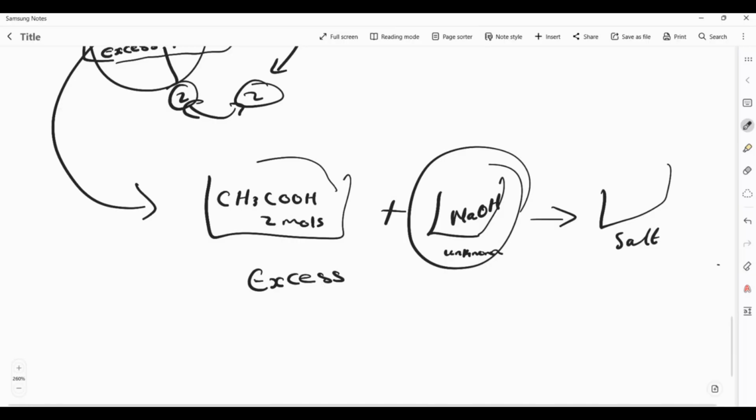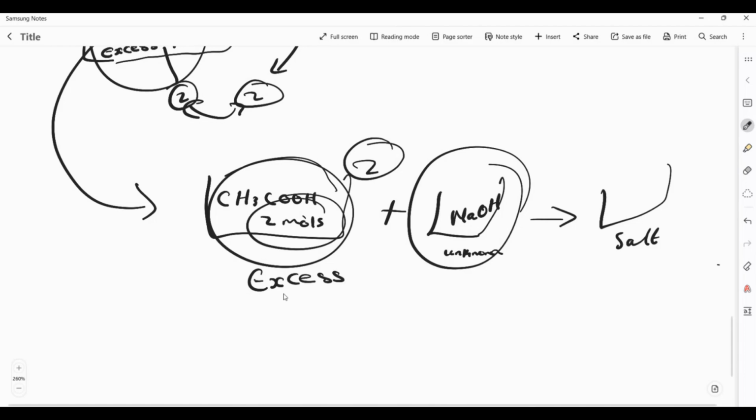Why? Because this number of moles were left. The solution was in excess because 2 moles were left, and then we took those 2 moles and reacted them with something else. Meaning those 2 moles that we took are actually our excess number of moles.